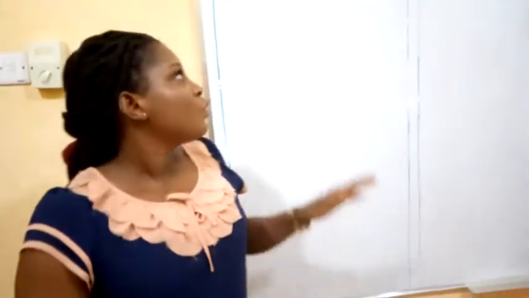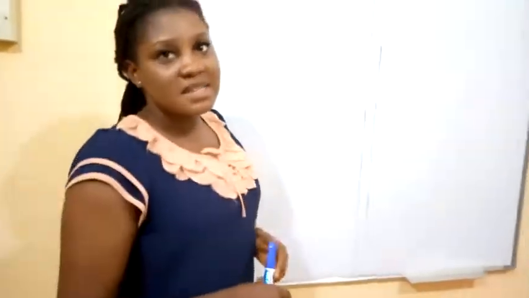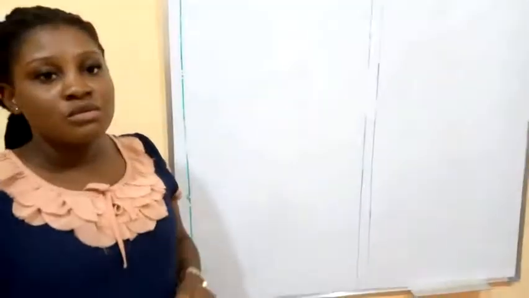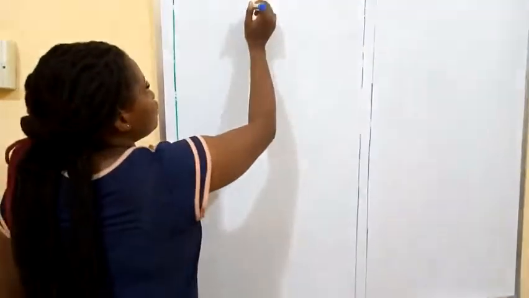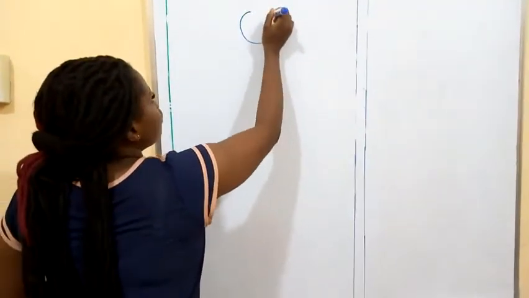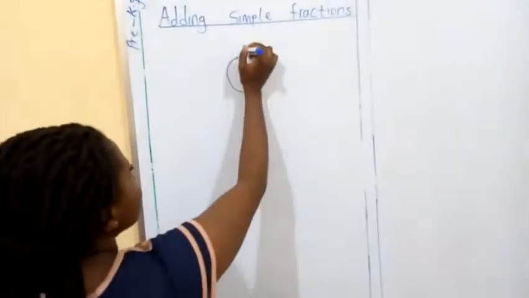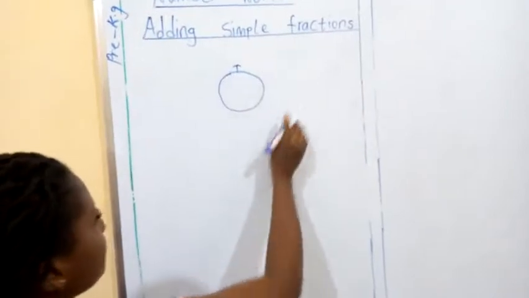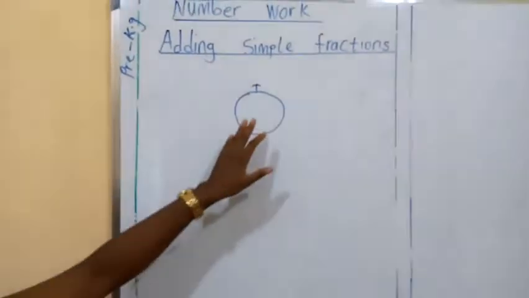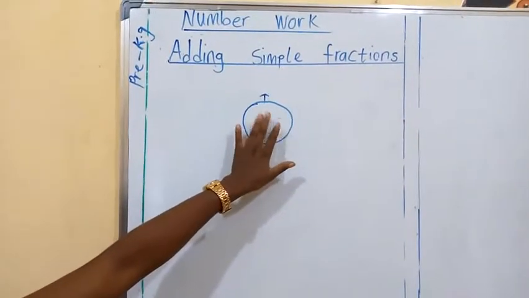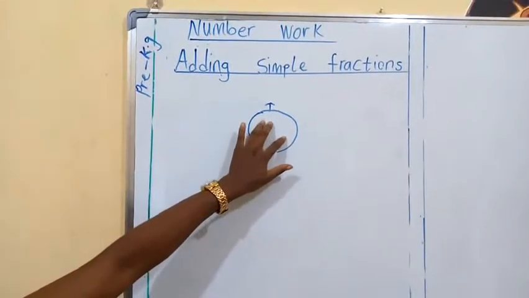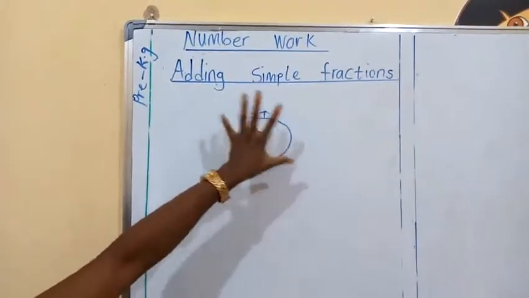In our previous class, we said that fraction is a part of the whole, isn't it? Lovely. We were given examples of whole objects and we were asked to divide them to find the fraction. So now, this is an orange. Let's assume this is an orange. This is a whole fruit.